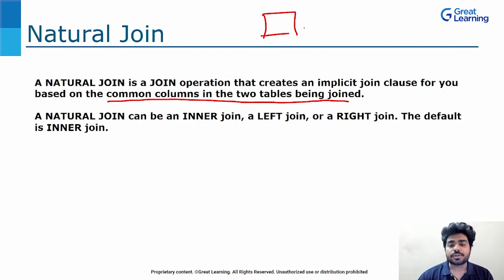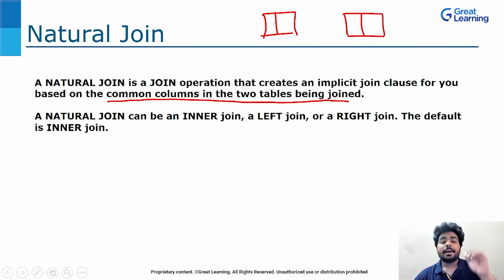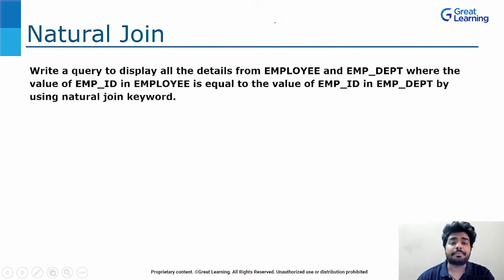So there are two tables, and one of the columns is common, right? Now, what is happening in inner join? Basically, whatever common column is there, it comes duplicated, it comes twice. Remember I showed you that the emp id column was coming twice in the resulting table, right? But here in natural join, it doesn't happen so.